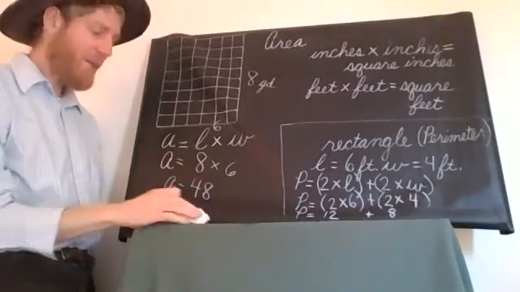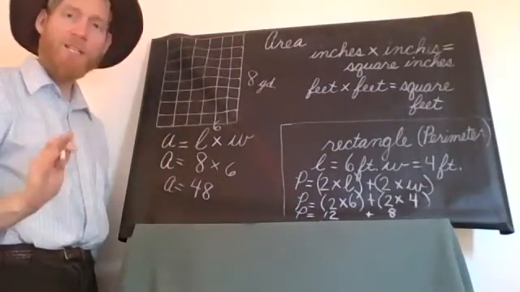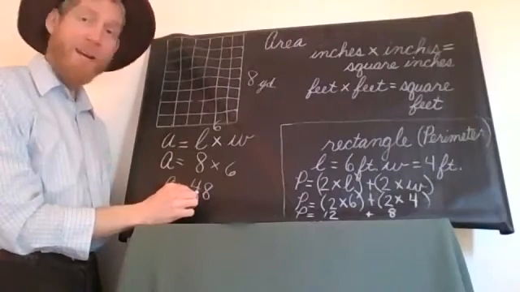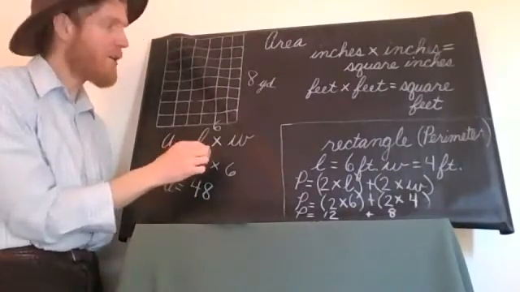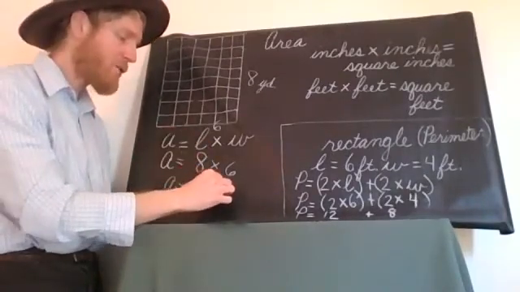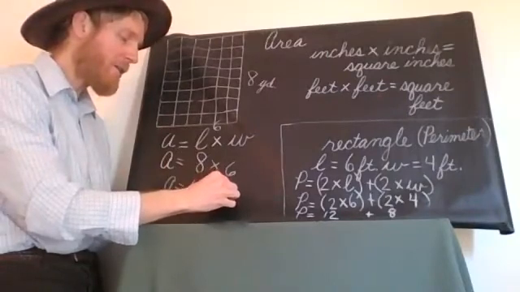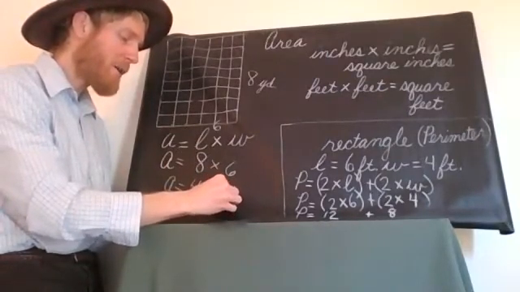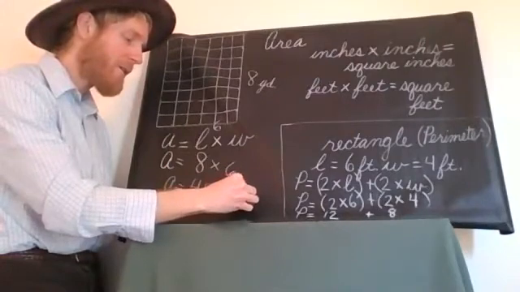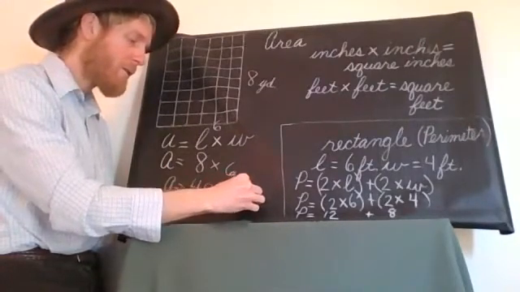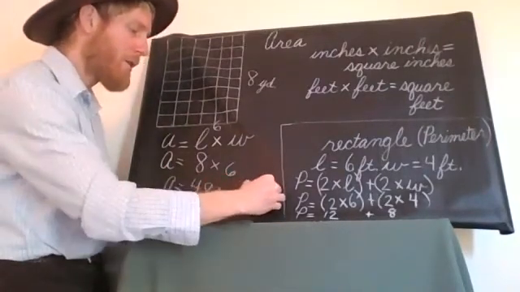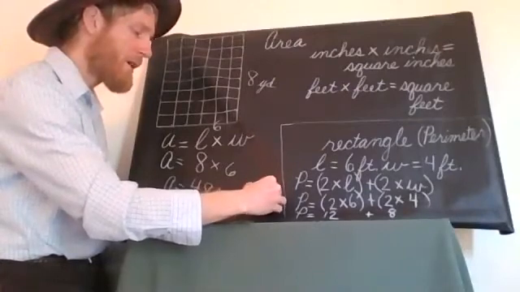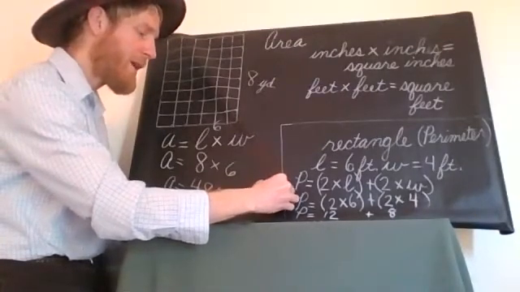I said something last time, and I'm going to go ahead and tell you again. When it's area, we don't just write yards, we write square yards. And that's what you would write.